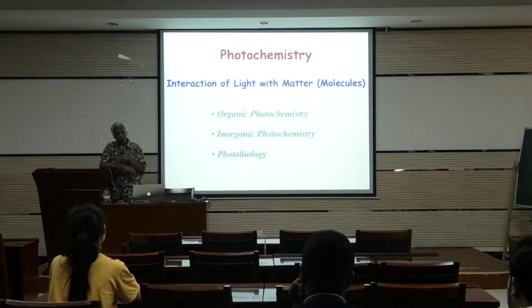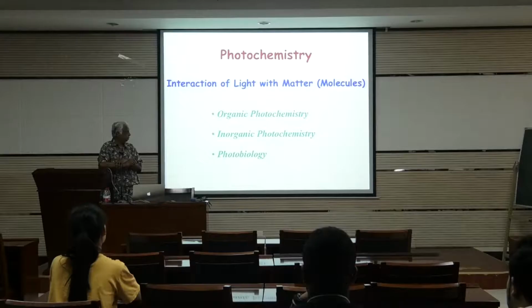They are photobiology because they deal with bigger molecules. Things are a little bit more complicated, but the main thing is light interacting with the molecules. So the principles that we talk about are the same whether it is biology, inorganic or organic.